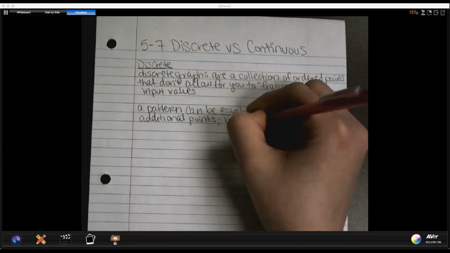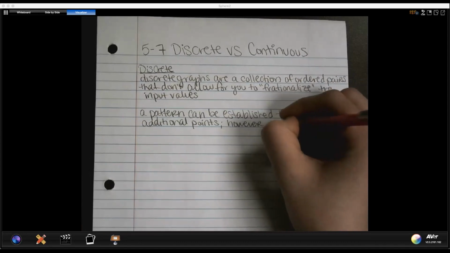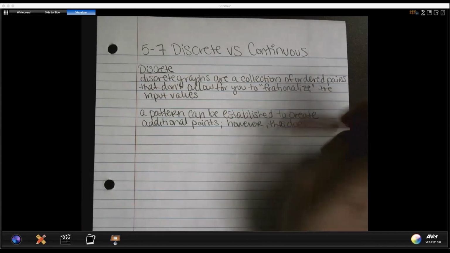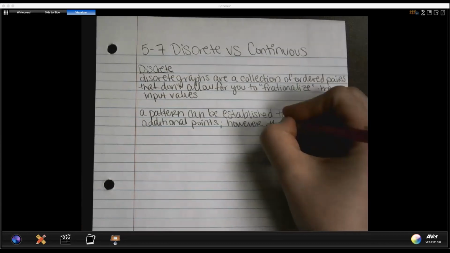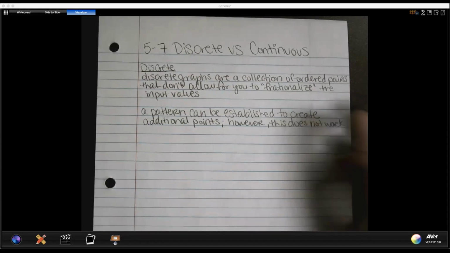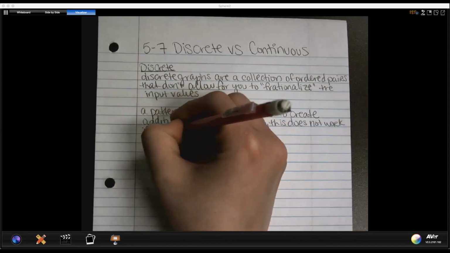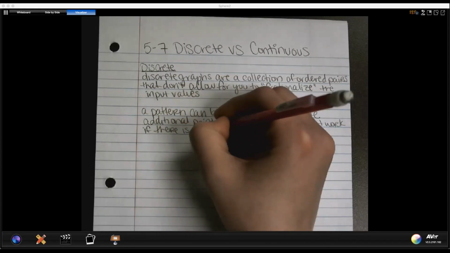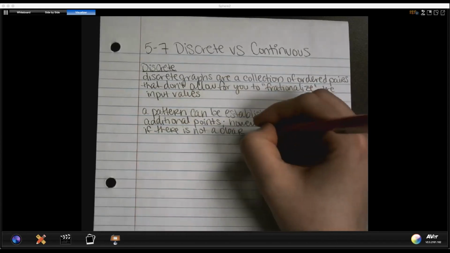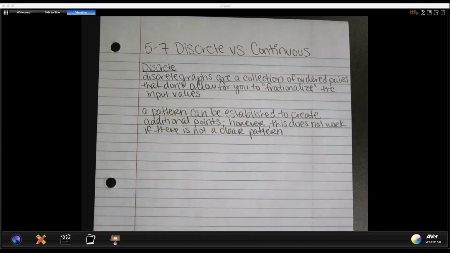However, this does not work if there's not a clear pattern. So a pattern can be established to create additional points. However, this will not work if there is not a clear pattern.